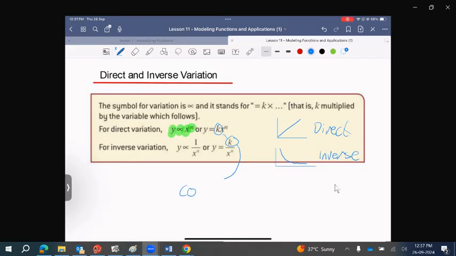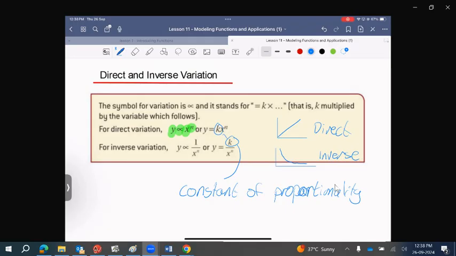K is the constant of proportionality. Sorry, I can't speak and spell at the same time. Like in the example of the tomatoes, it's the price per kilo. That's what the K is. There's some kind of constant that creates this balance, and typically our problems are going to involve finding that constant first.